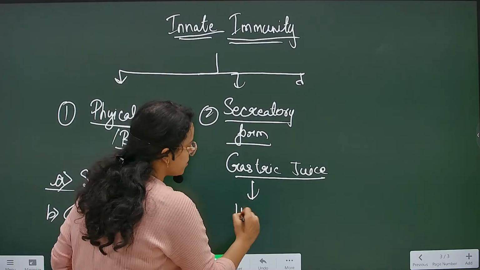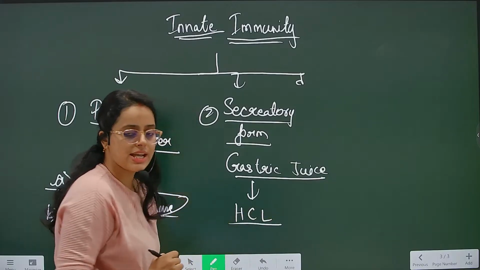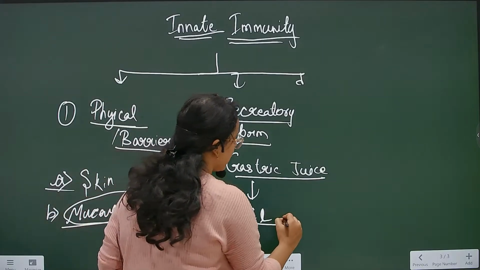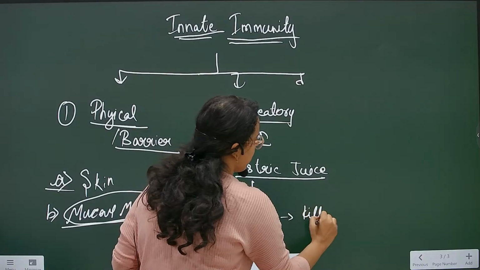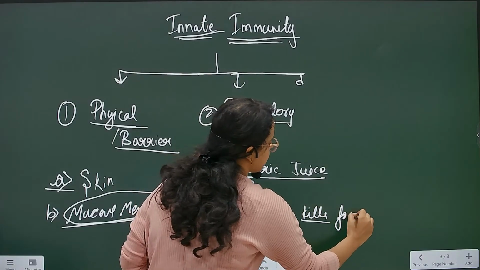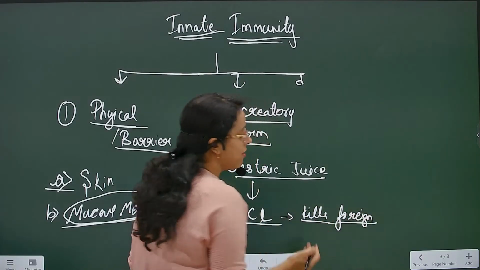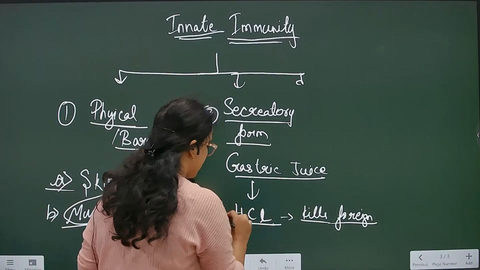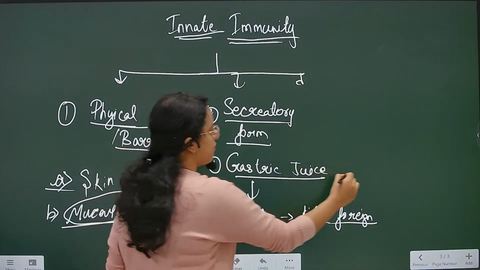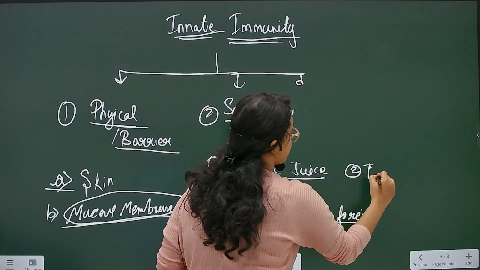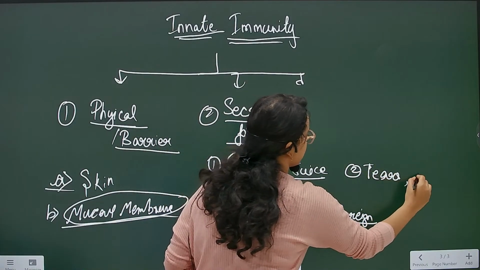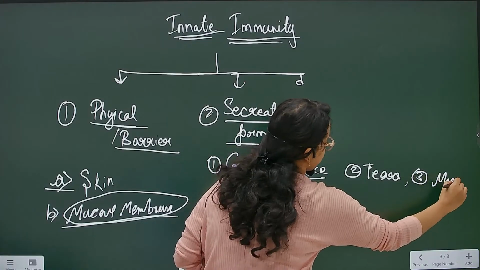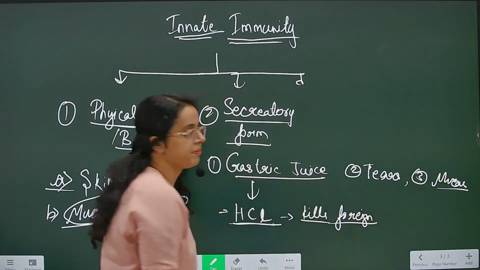Gastric juices consist of hydrochloric acid, which kills the foreign particles entering the body via the oral cavity. So these are all secretory.